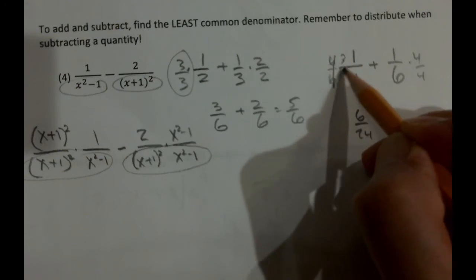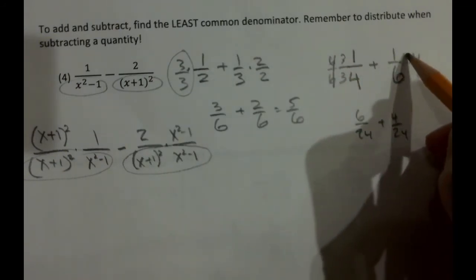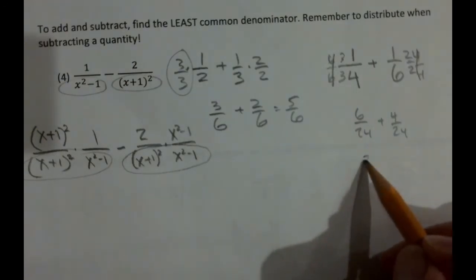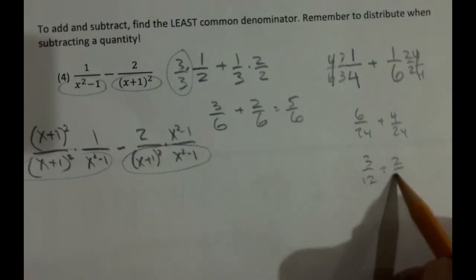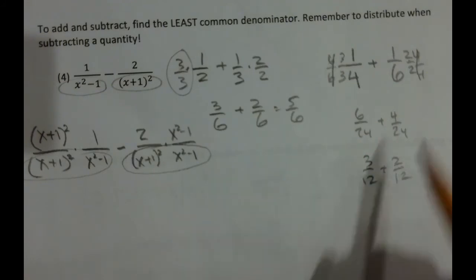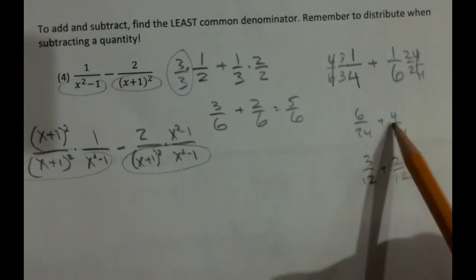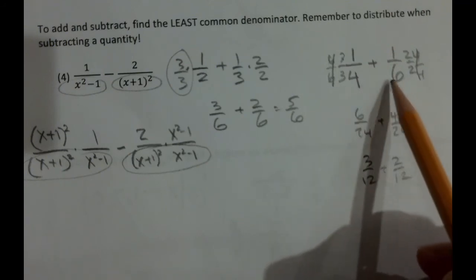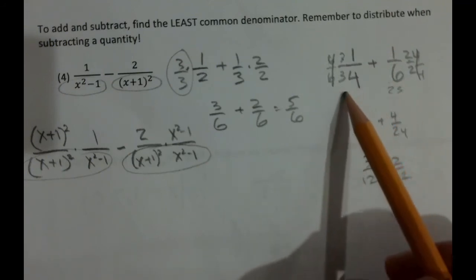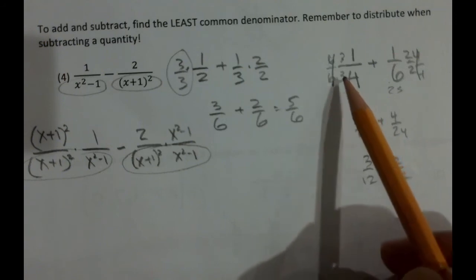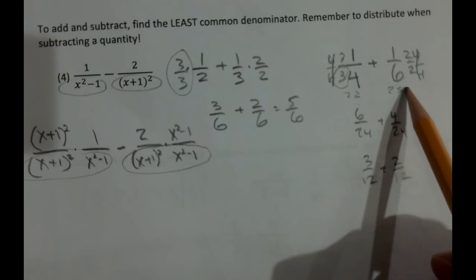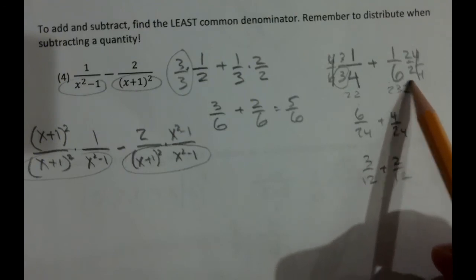So let's multiply by 3 over 3 and 2 over 2 instead. 3 over 12 and 2 over 12. Alright, so any common factors we don't need to duplicate, right? They both have a 2, 2 times 3, and 2 times 2. So I just needed to add a 3 here to get to 12, and a 2 here to get to 12.